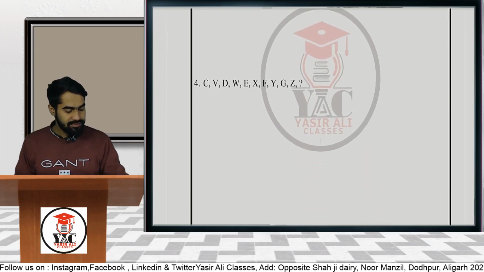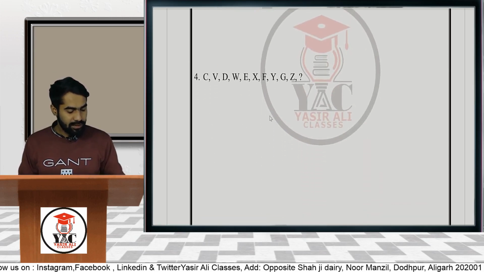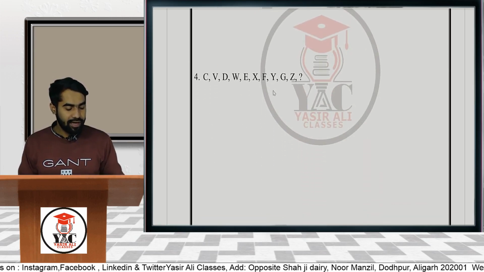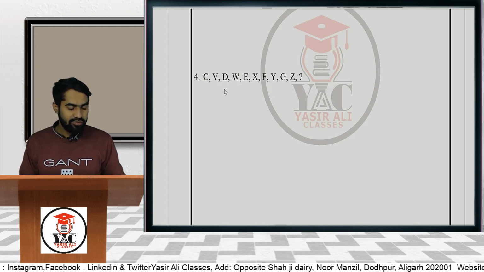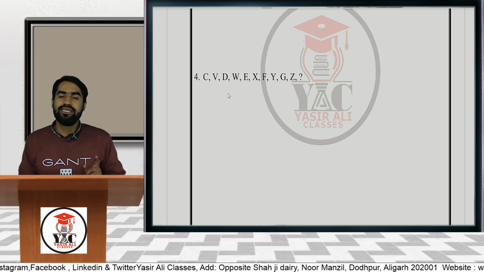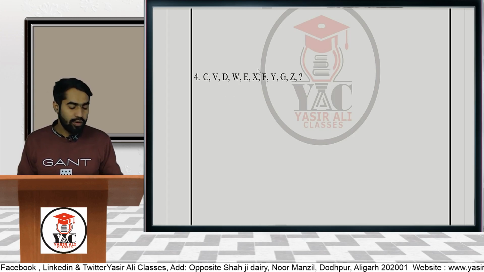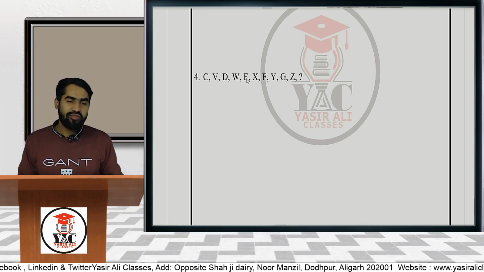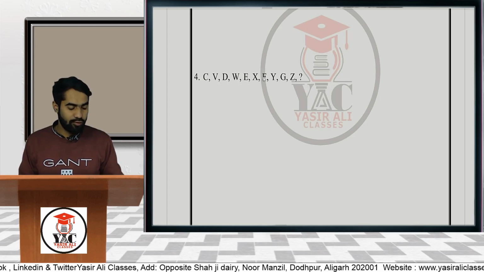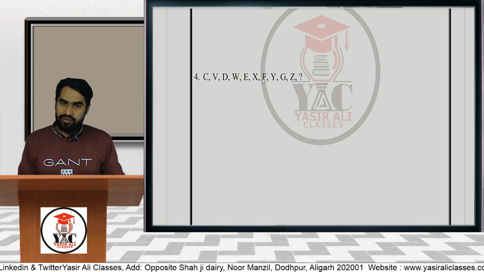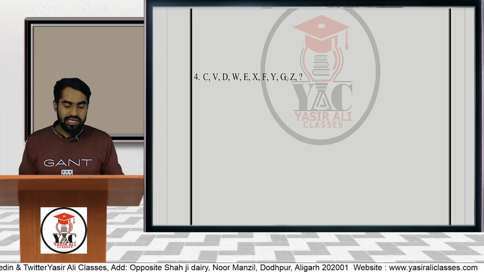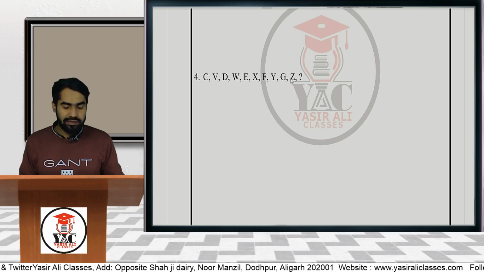So now next, C V D W E X F Y G Z. Now if you see C V, C is on 3, V is on 22. There's a long difference. D is on 4, W is on 23, E is on 5 and X is on 24. F is on 6, Y is on 25, G is on 7 and Z is on 26.